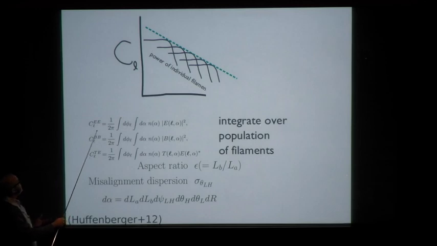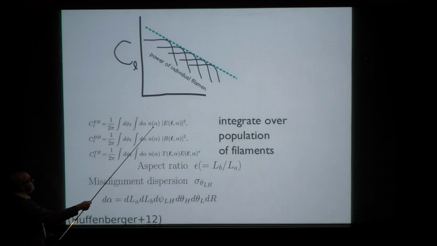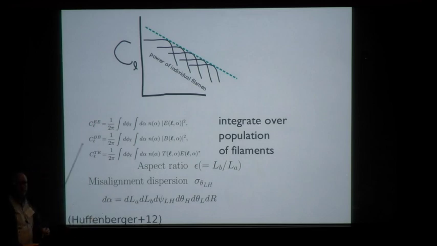So my E signature is going to be an integral over the angle and an integral over alpha, where alpha is my full set of parameters, times the number of filaments with each parameter set times E squared. And B squared, and T to E is going to be T times E star.